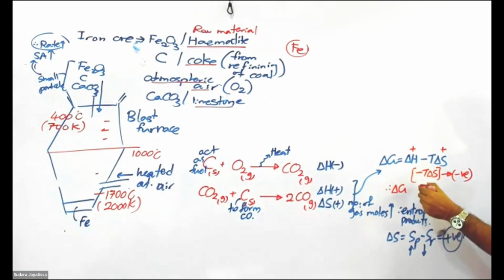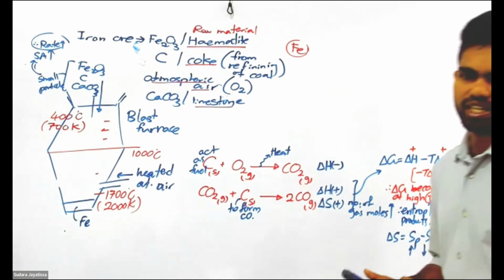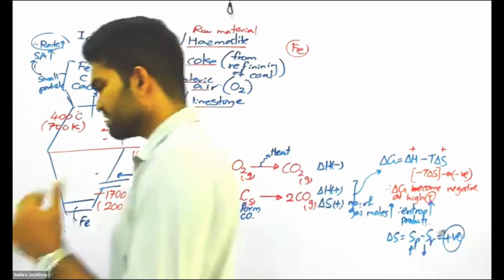So delta G becomes negative at high temperature. This reaction is spontaneous at high temperature. Is that clear?